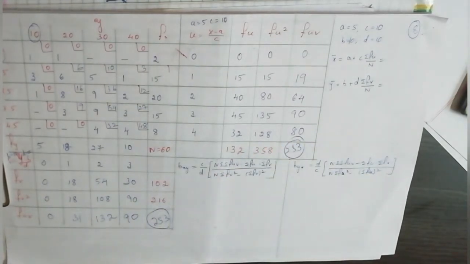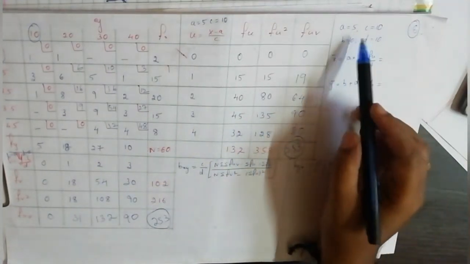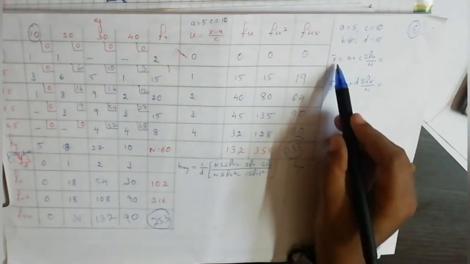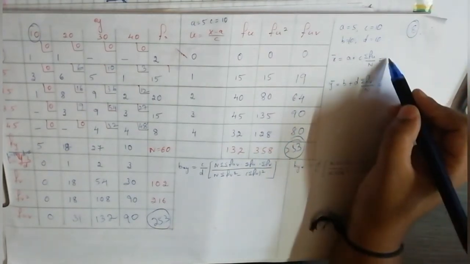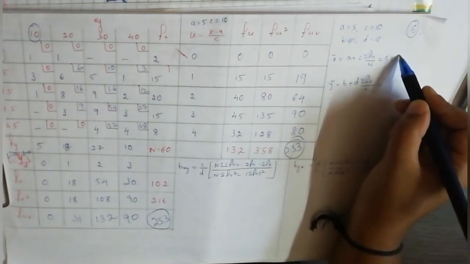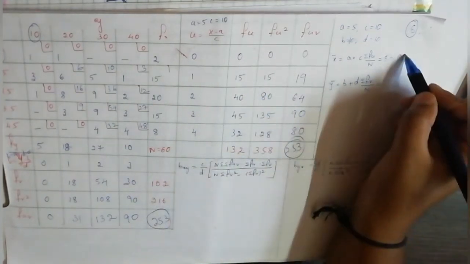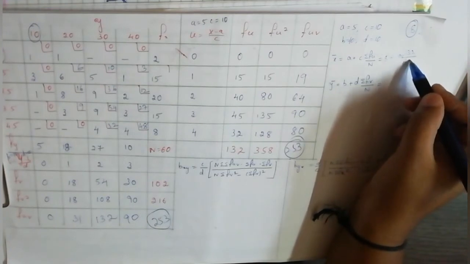Now we'll move further to find x bar and y bar. So here the a value is 5, c is 10, b is 10, d is also 10. So x bar formula is a plus c summation fu by n. So a is 5, c is 10, sum of fu is 132 divided by n is 60.